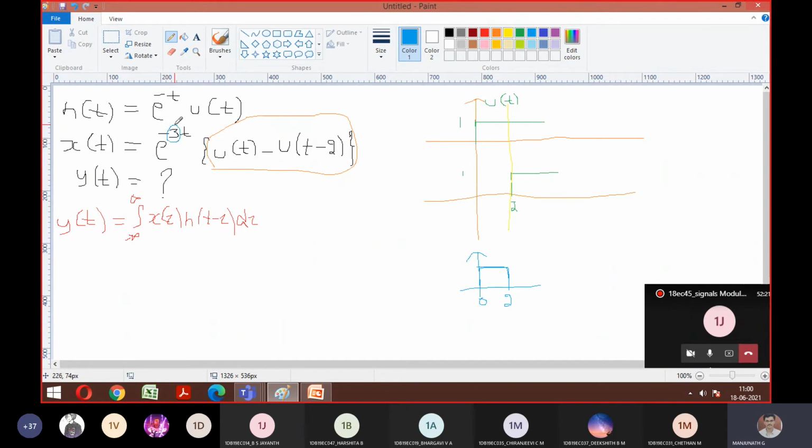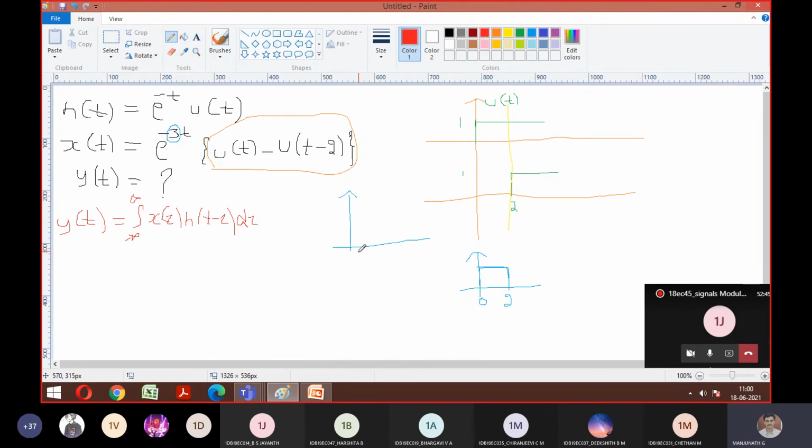So now what is the meaning of this? So 3 means what? So the values of a should be what? From where to where will you consider? So you need to plot x of t, meaning x of tau. In the previous problem we wrote like this.